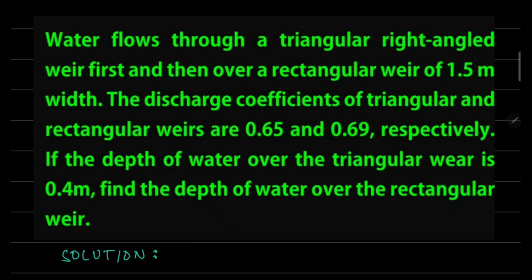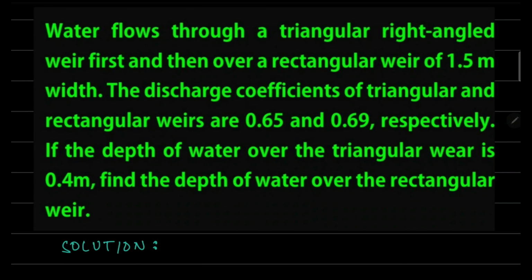First of all we will note down all the values that are given to us. For the rectangular weir, the L value is 1.5 meter and the CD value is 0.69.